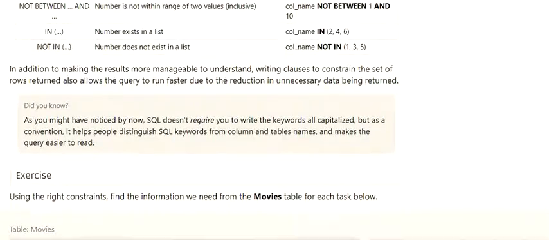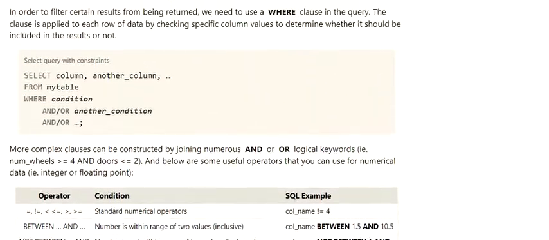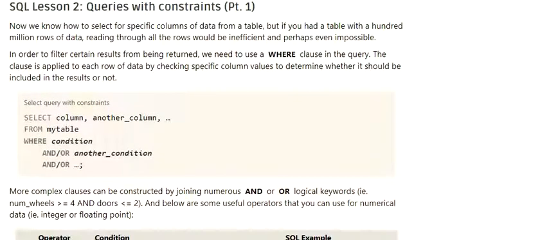In the where clause, you can see that the where clause is used for the constraints which are to be implemented in the query in order to filter certain results from being returned. We need to use a where clause in the query.